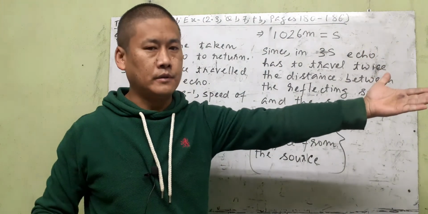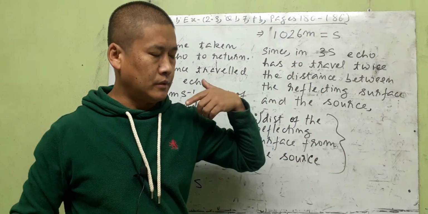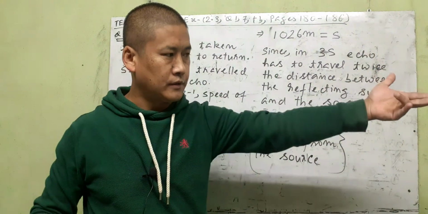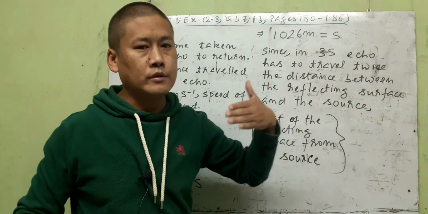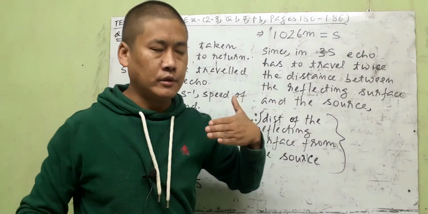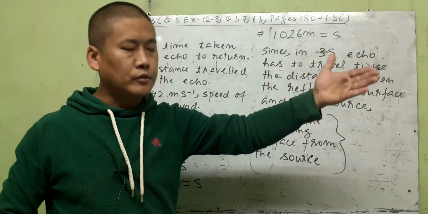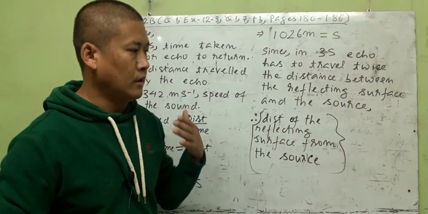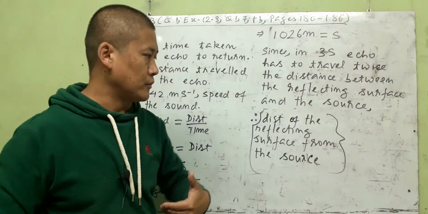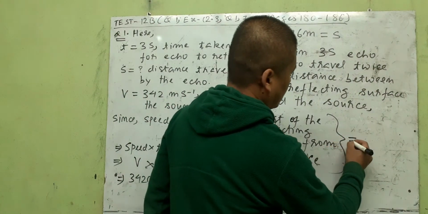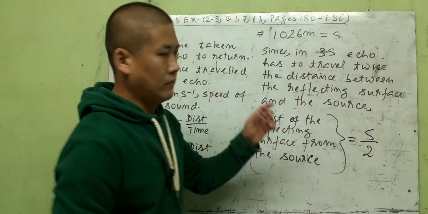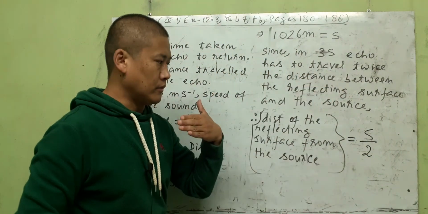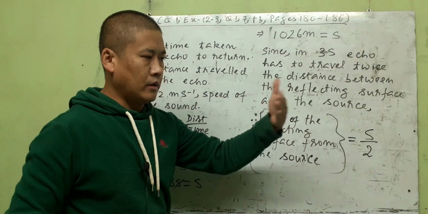Echo is twice, right? Go and come is called echo. So the actual distance between the two objects, the reflecting surface and the source, will be the distance traveled by the echo divided by 2.